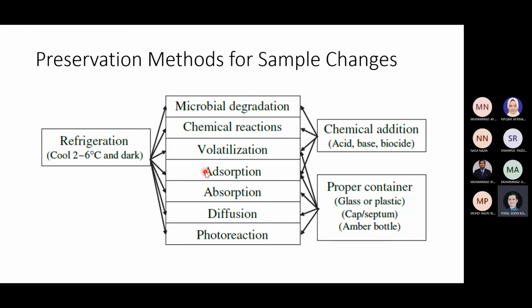Your container, for example, your glassware, whatever you put inside that container, adsorption happens straight away naturally. That is a natural process on the wall of your container. Adsorption happens straight away.